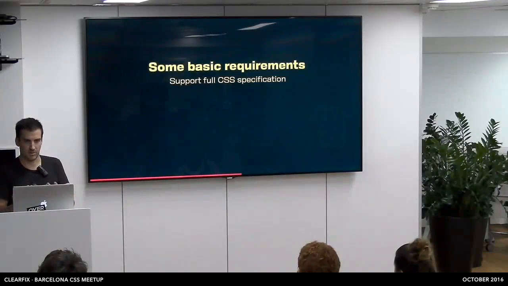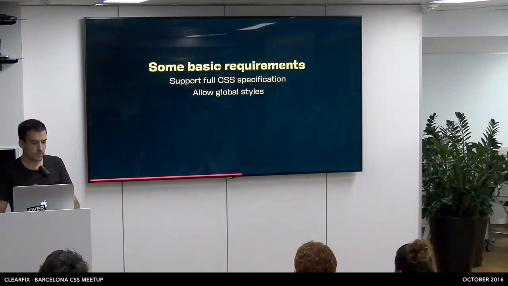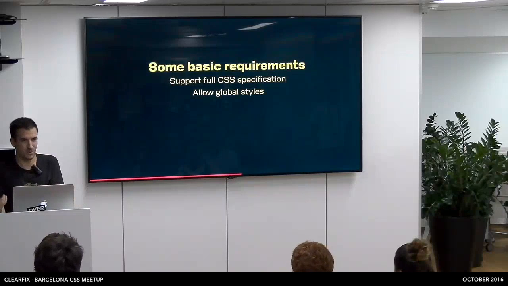I can do anything with CSS using normal CSS, so I don't want to lose hovers. I don't want to lose font face. I don't want to lose keyframes. So it had to support everything in CSS. It had to allow global styles, because scoping is nice, but I actually need the cascade sometimes.